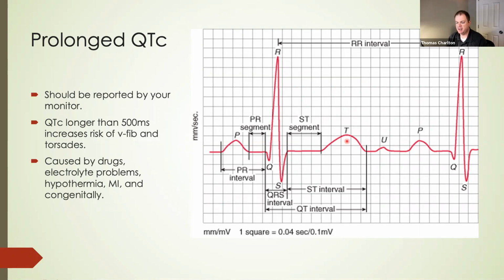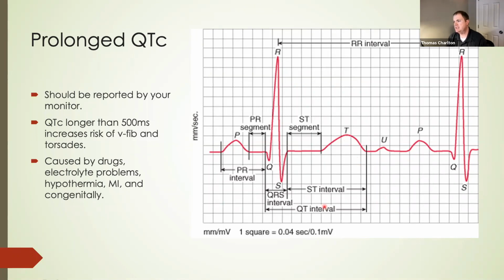What happens then is exactly what happens if you forget to hit the sync button and go to cardiovert somebody. You run the risk of inducing ventricular fibrillation. And that's the problem that will occur with this, typically VFib.